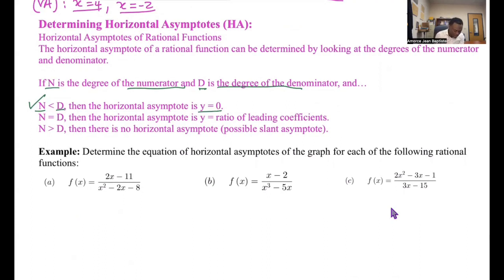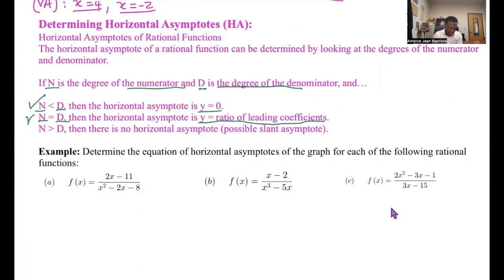If you have the same degree in numerator and denominator, the equation of your horizontal asymptote is y equals the ratio of the numerator leading coefficient and the denominator leading coefficient.